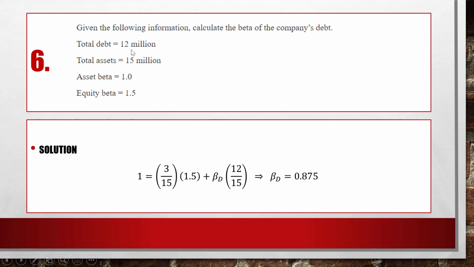So of course equity should be 3. So 3 over 15 is the proportion of equity to assets. 1.5 is equity beta. Beta D is not given. 12 over 15 is the portion of debt to assets. So we got beta D should be 0.875.